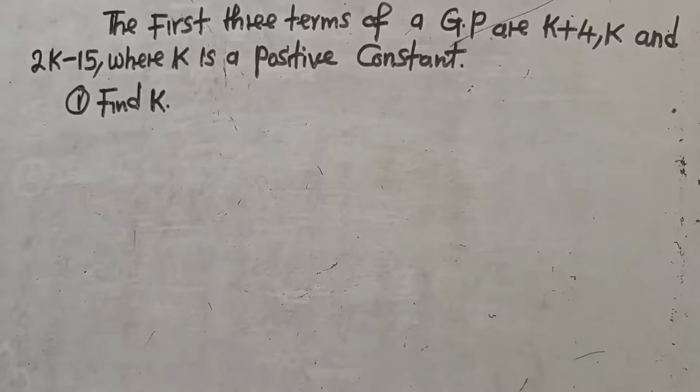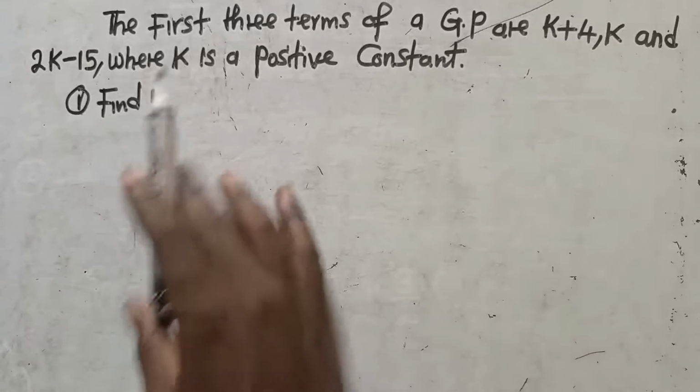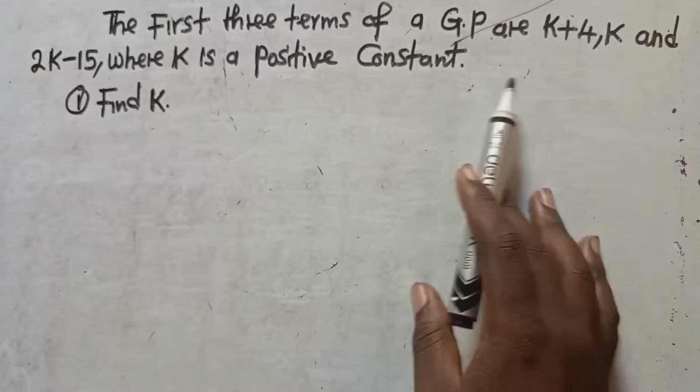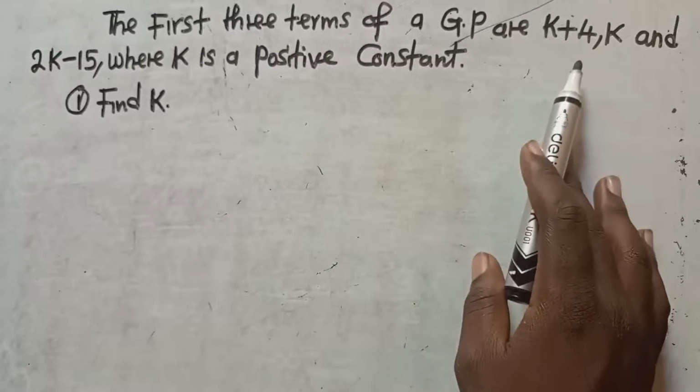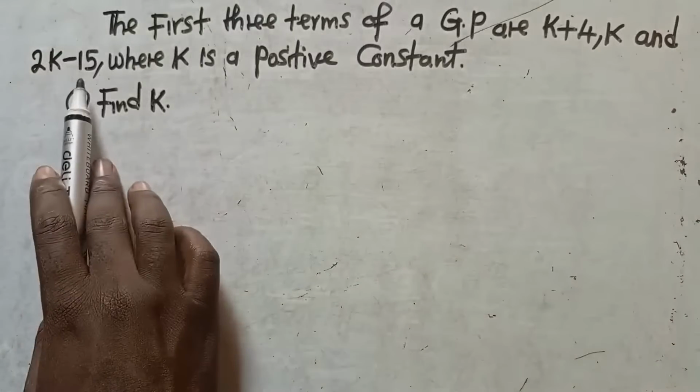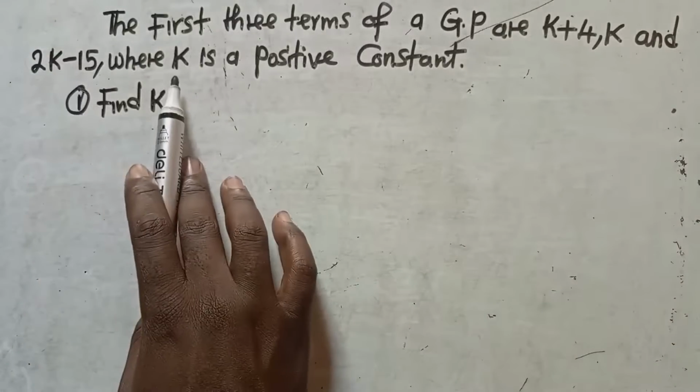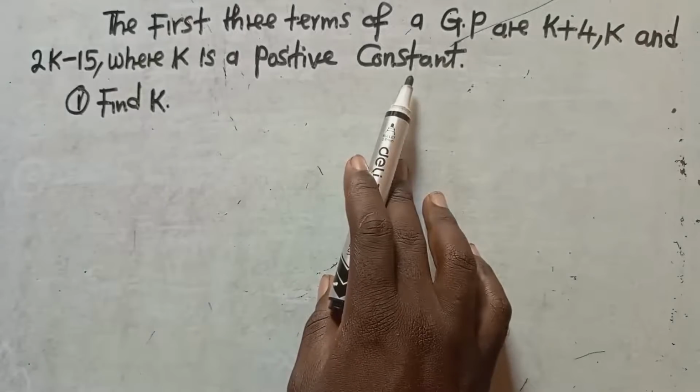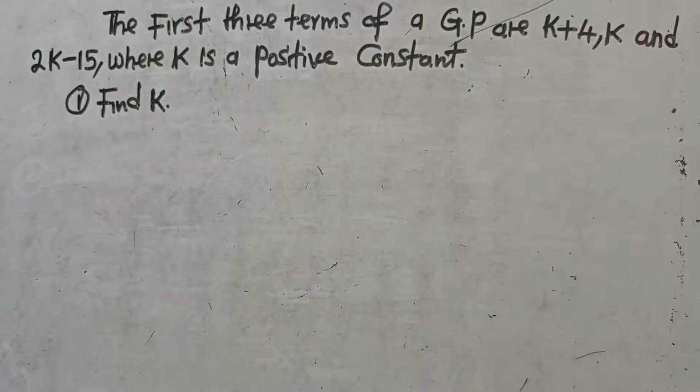This is another question. How can we answer this particular question? The question is saying that the first three terms of a GP are k plus 4, k, and 2k minus 15, where k is a positive constant. Find k.